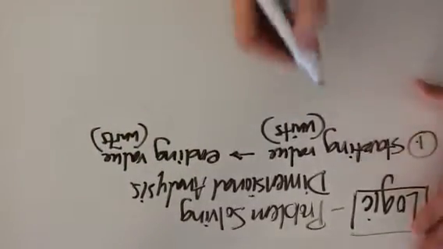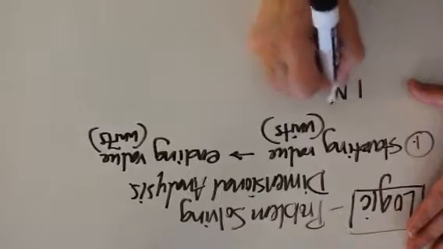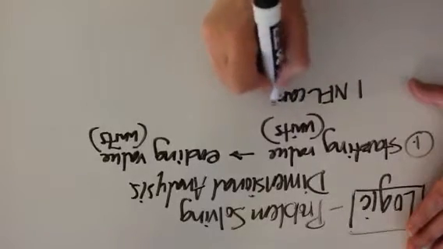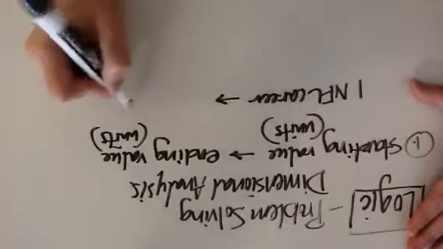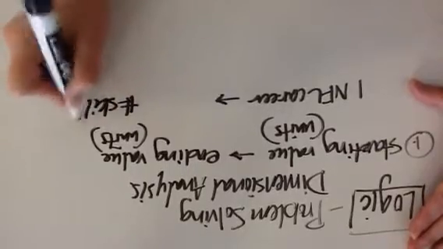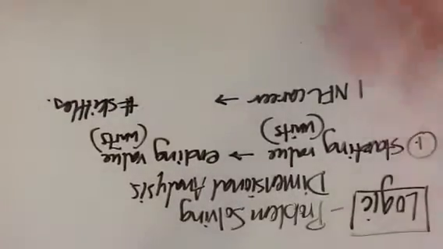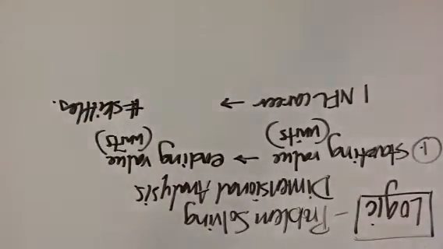In this case, it's going to be 1 NFL career, and I want to end in number of Skittles. So I need to make some conversion statements, some statements of equality that are going to help me get from this big thing, an NFL career, to this little thing, bite-sized, multicolored candy called Skittles.